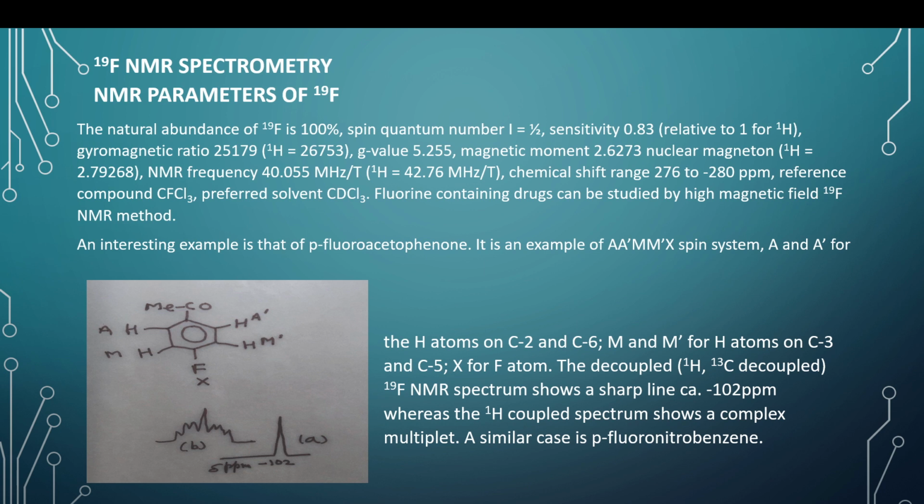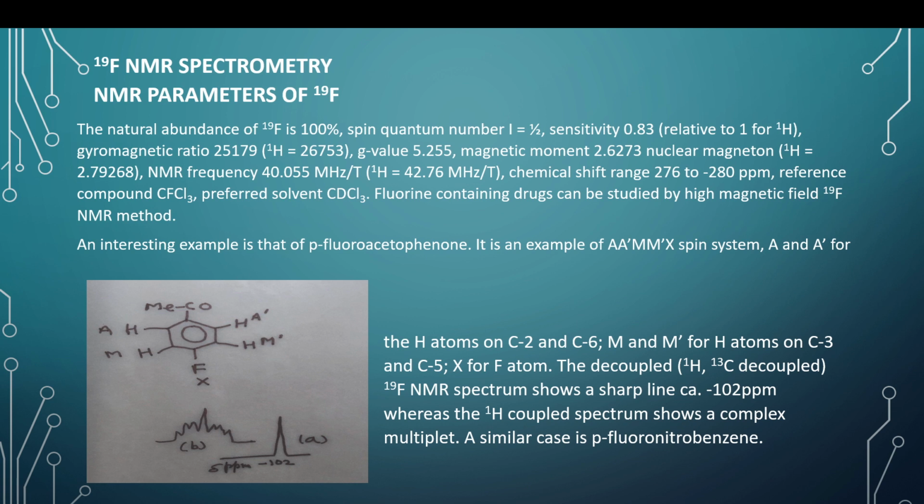G value is 5.255. Magnetic moment quite close to proton, 2.63 nuclear magneton. For 1H it is 2.79. NMR frequency is 40.055 MHz per Tesla. For proton it is 42.76 MHz.